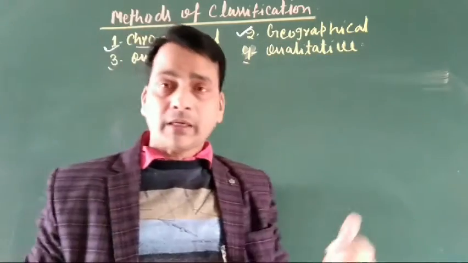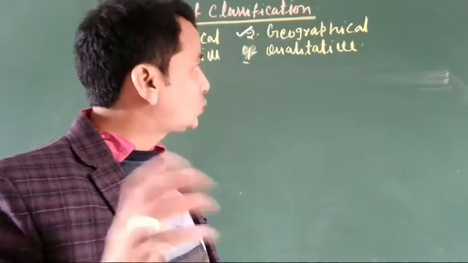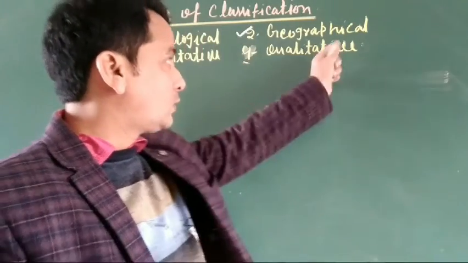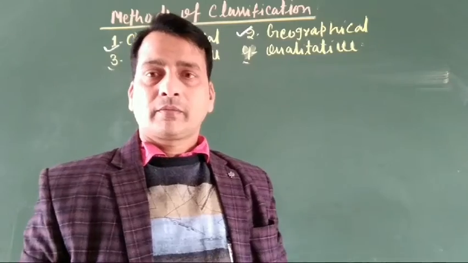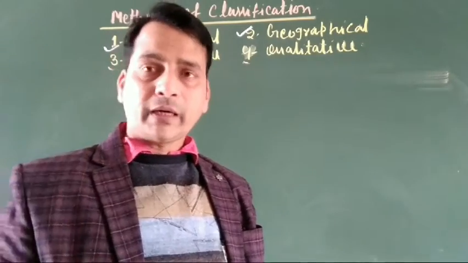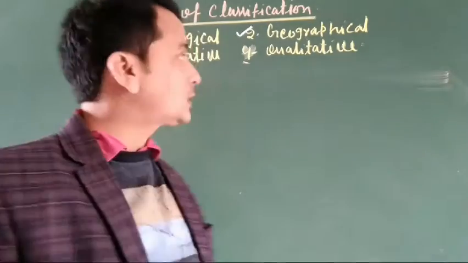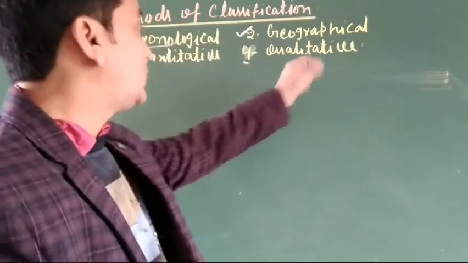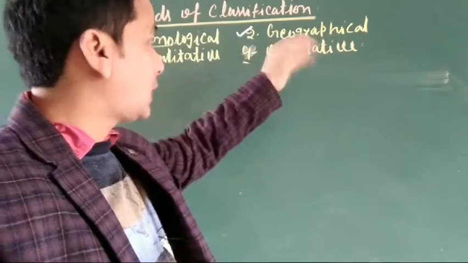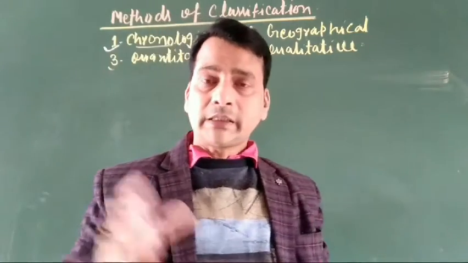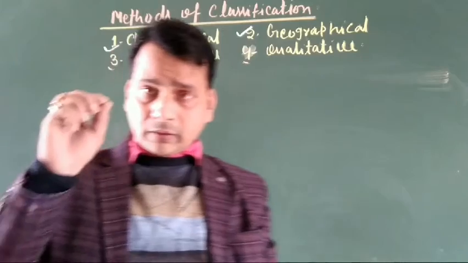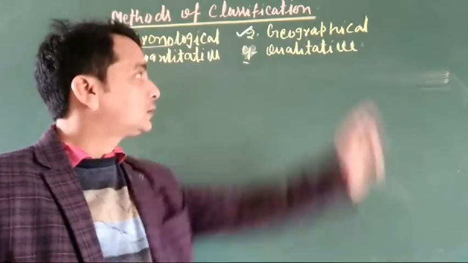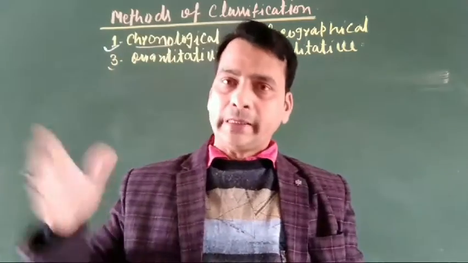Geographical classification refers to statistical data classified with reference to any geographical area or location such as country, city, district, and so on. In this segment, the statistical data are classified in reference to a place, location, or area.